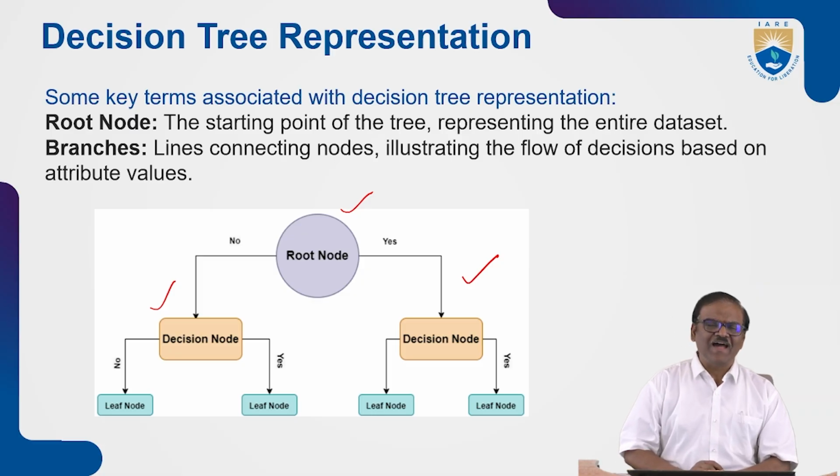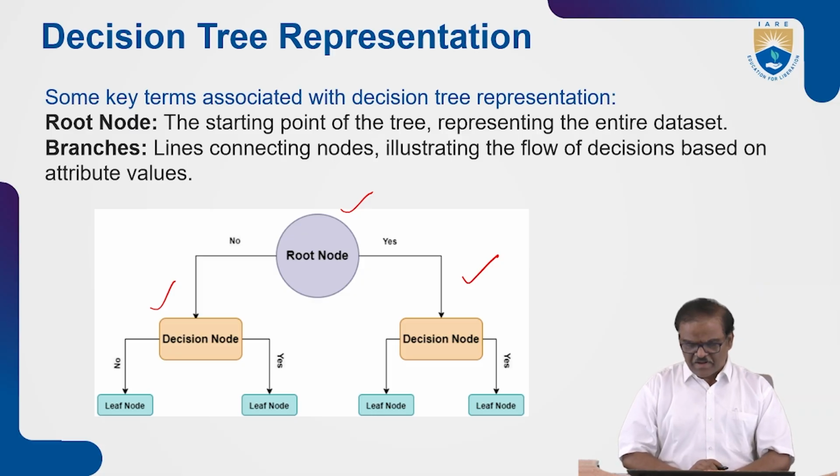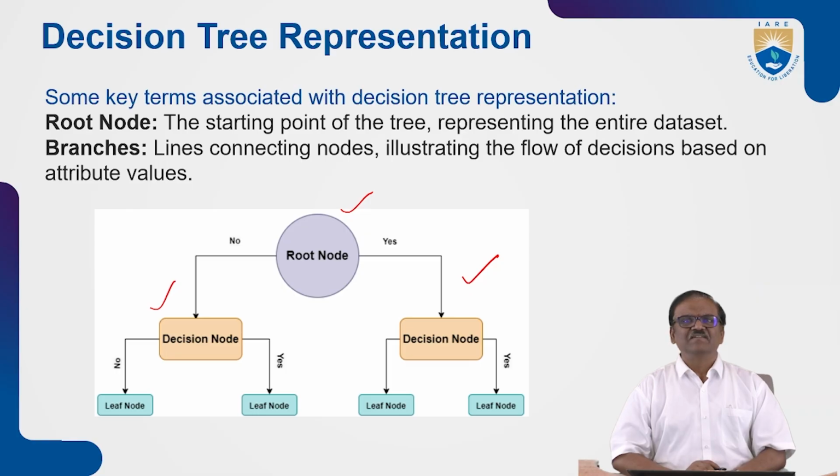A leaf node is the end and no further branching will take place. The root is the starting point of the tree, representing the entire data set. Branches are lines connecting nodes, illustrating the flow of decisions based on attribute values.